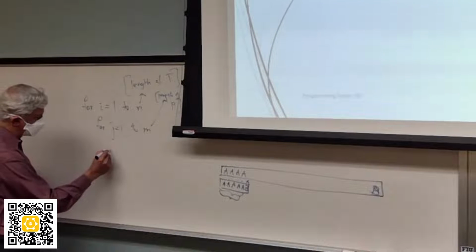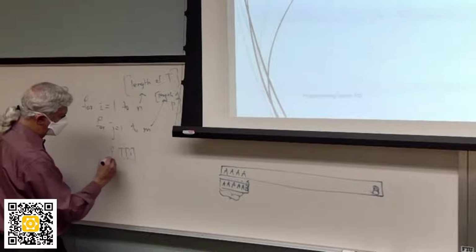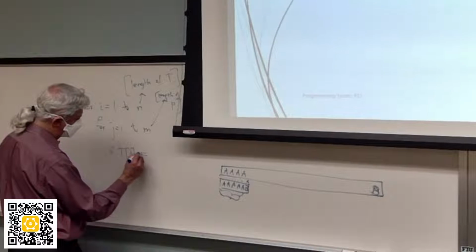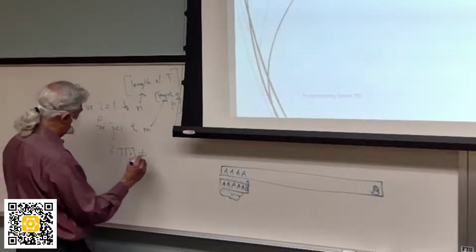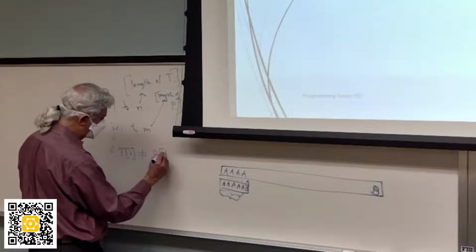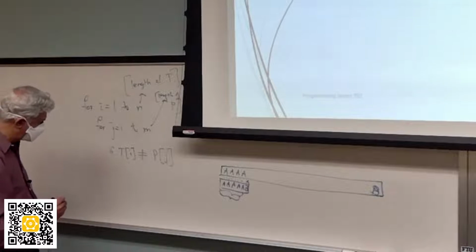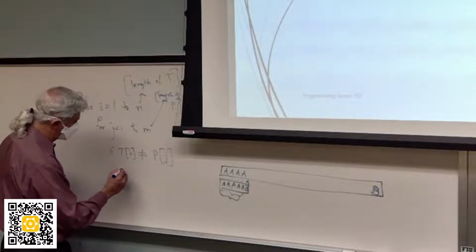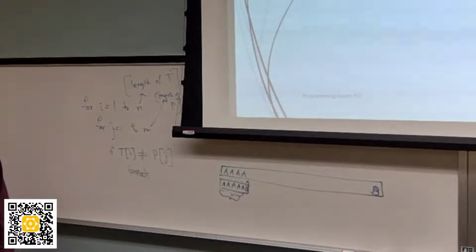And then I'm going to say, if text sub i is not equal to pattern sub j, what do I do? If it's not equal, we break. So that means we're just going to hit break. That's it.